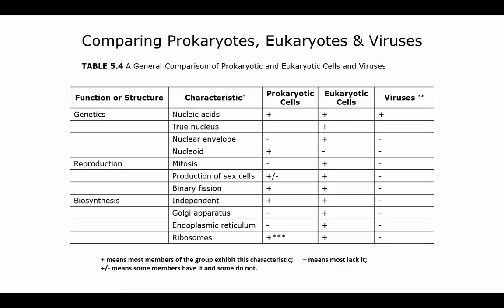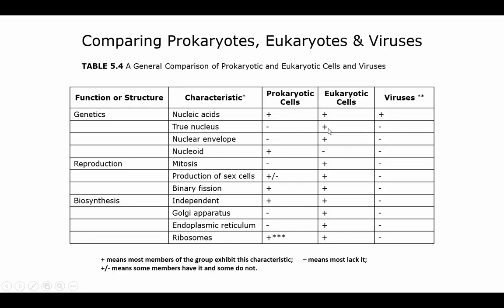This chart is a comparison of your prokaryotic cells, your eukaryotic cells, and your viruses. If it's got a plus, that means most members of that group have that characteristic. If it has a minus, most of them don't. But if you got the plus and the minus, that means some have it and some don't. So just looking here at the nucleic acids, DNA and RNA, all of them have them.